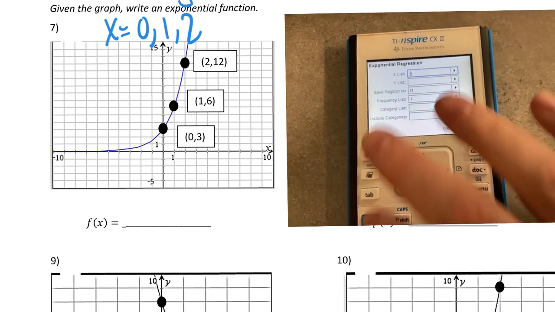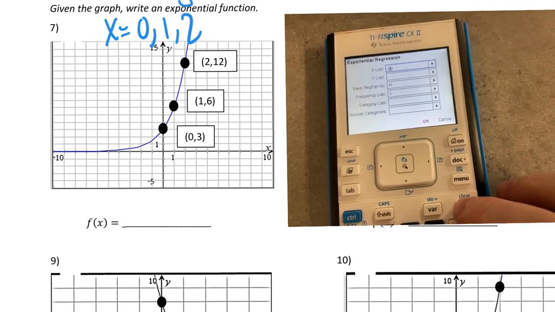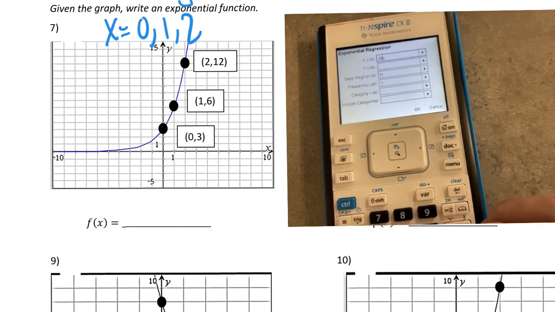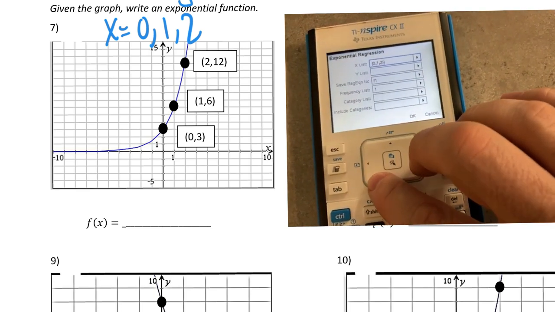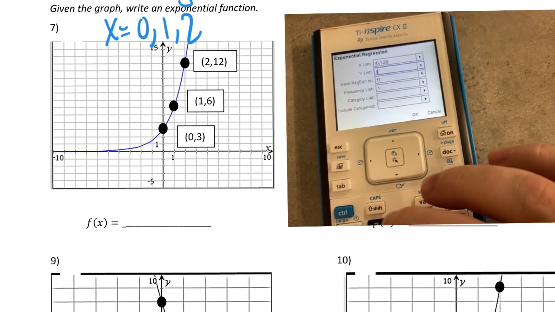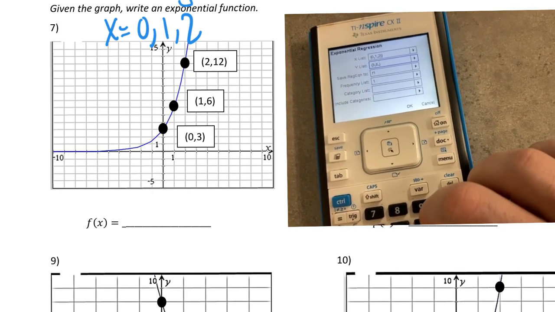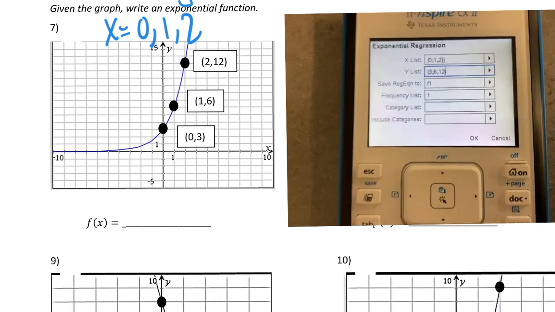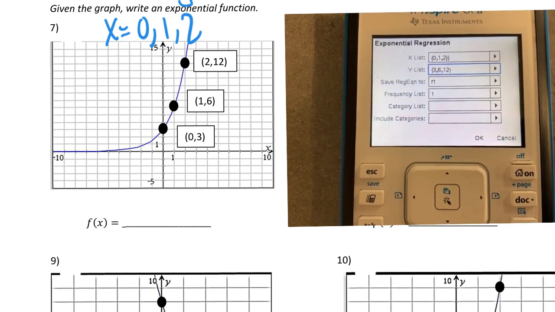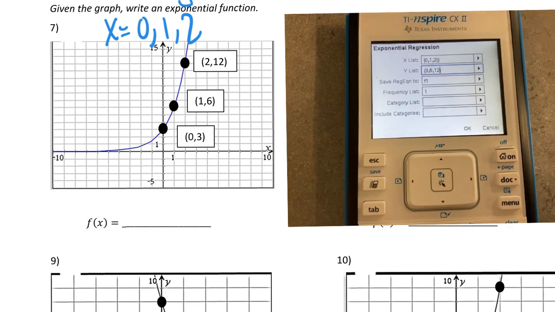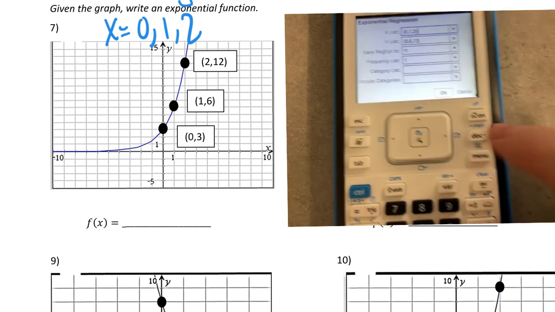So control squiggly. Oh, I already had them. 0, 1, 2, those are my x values. Control squiggly, 3, 6, 12. Make sure it all matches. 0 to 3, 1 to 6, 2 to 12. Looks good. Oh, I got an extra bracket up there, so let me delete one of those.